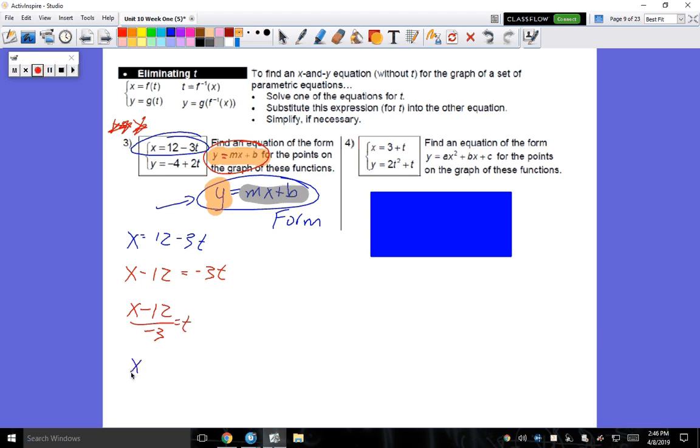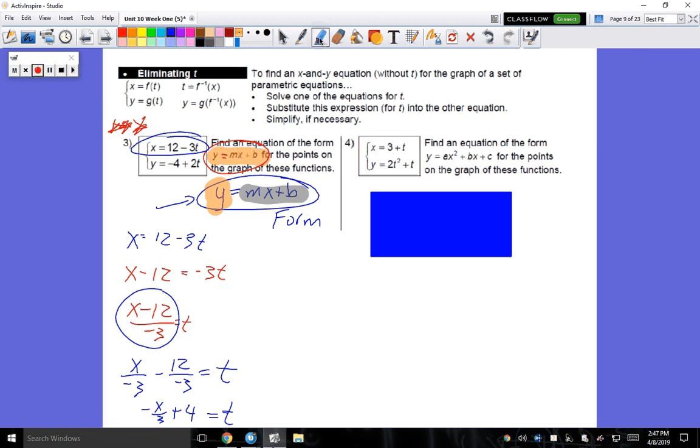This separates into 2 different fractions, so that you could have t is equal to negative x over 3 plus 4. You could write it like this, or you could write x minus 12 over negative 3 like that. Either way, this is where those algebra skills come from.